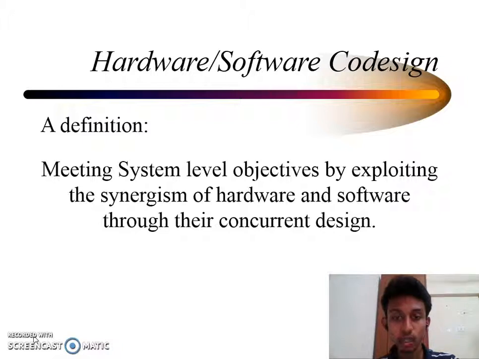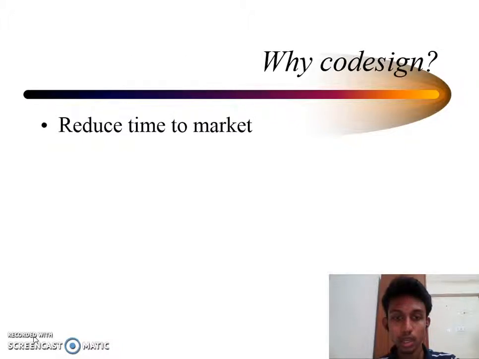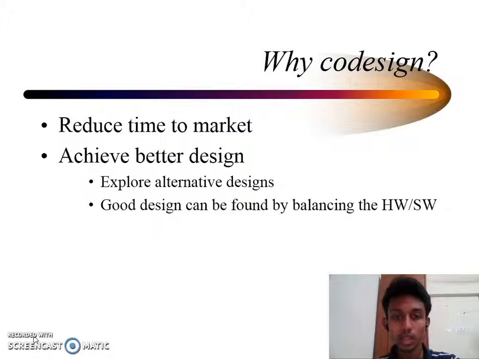Why do we need hardware and software co-design? Co-design leads to a concurrent design, which in turn reduces the time to market. So, the time to market is reduced because of co-design, as hardware and software are concurrently designed in co-design. To achieve a better design, to explore alternative designs by balancing trade-offs of specifications between hardware and software.